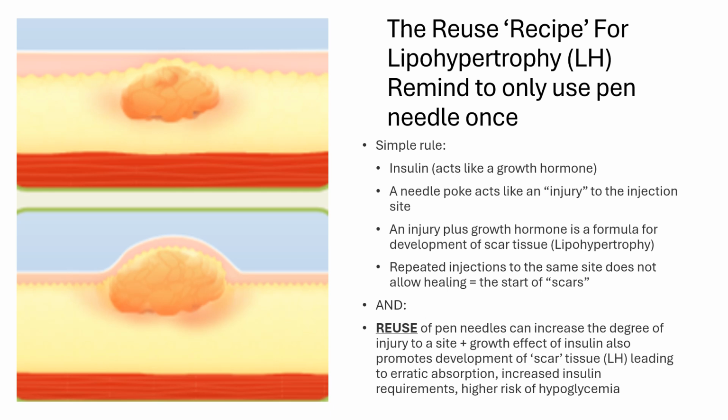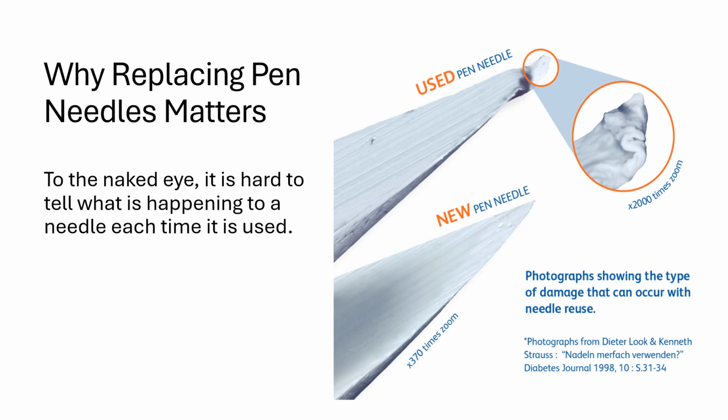They should recap it, which is, again, not a safe thing to do, but is done in between so it doesn't get contaminated. Of course, never sharing that needle with anybody else, and throwing it out after the 4th use for sure. Or they could use 1 needle for their rapid acting during the day, and that's 3 injections, and then maybe for 3 nights in a row they use it for their long acting insulin.